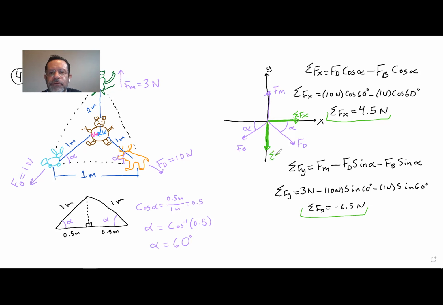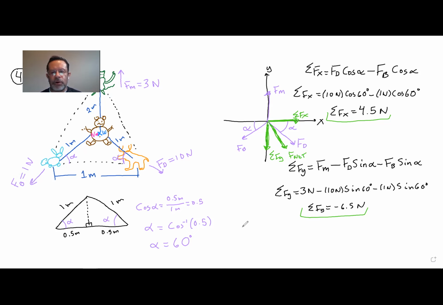That's the sum of forces in Y. So in what direction is the bear moving? The bear is moving in this direction, with a net force that we're going to calculate.